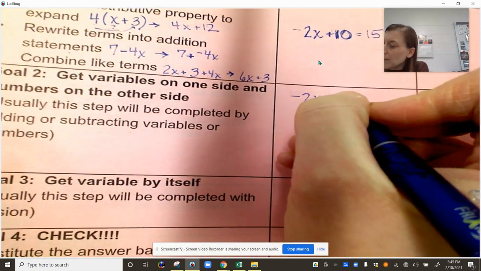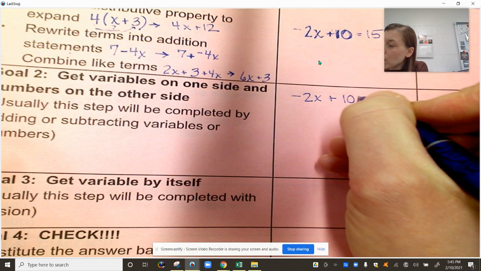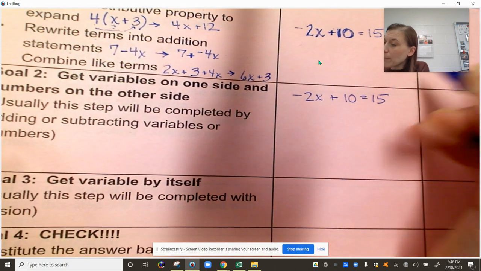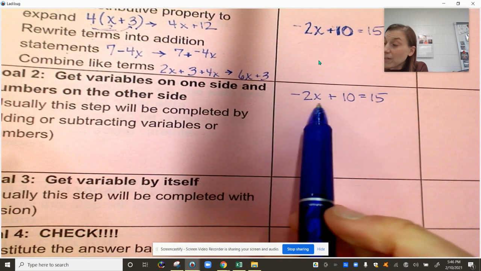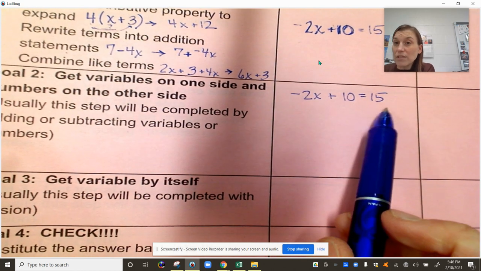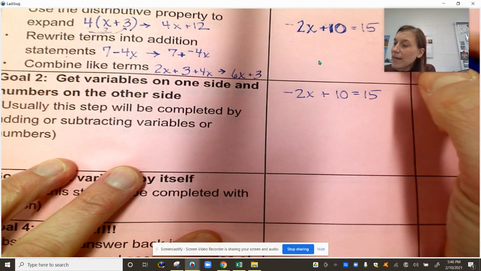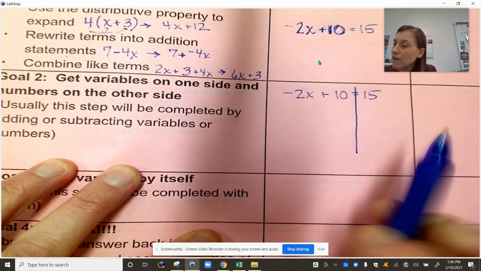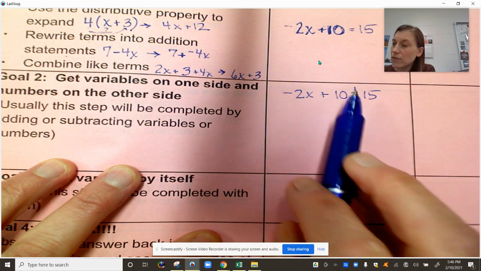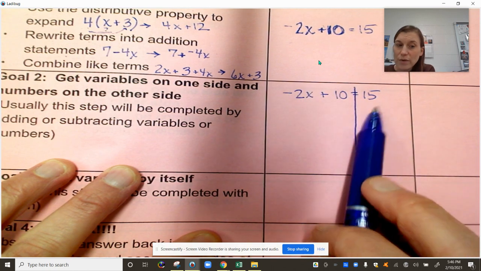Goal number 2 says the goal is to get variables on one side and numbers on the other. Here I have a variable term plus a constant equals a constant. When we say one side or the other, we're talking about the side of the equal sign. I like to divide the line down to show the left-hand side and the right-hand side.